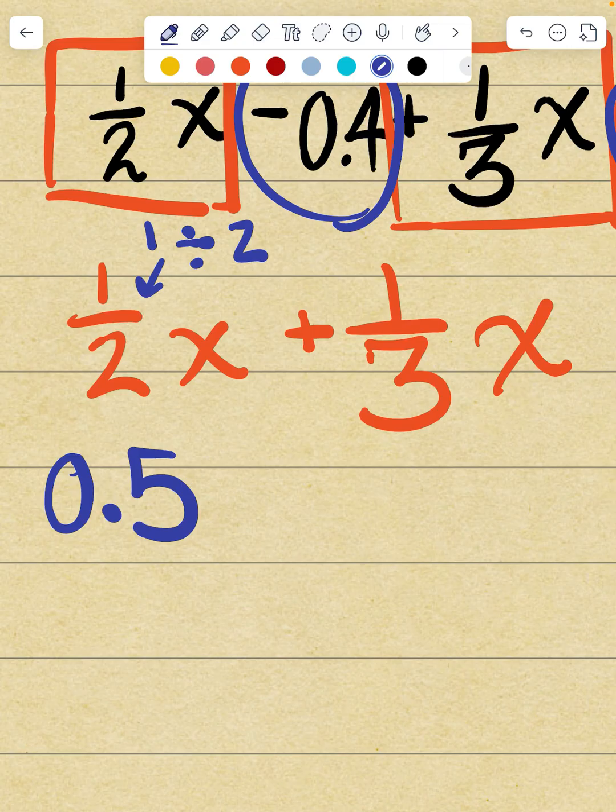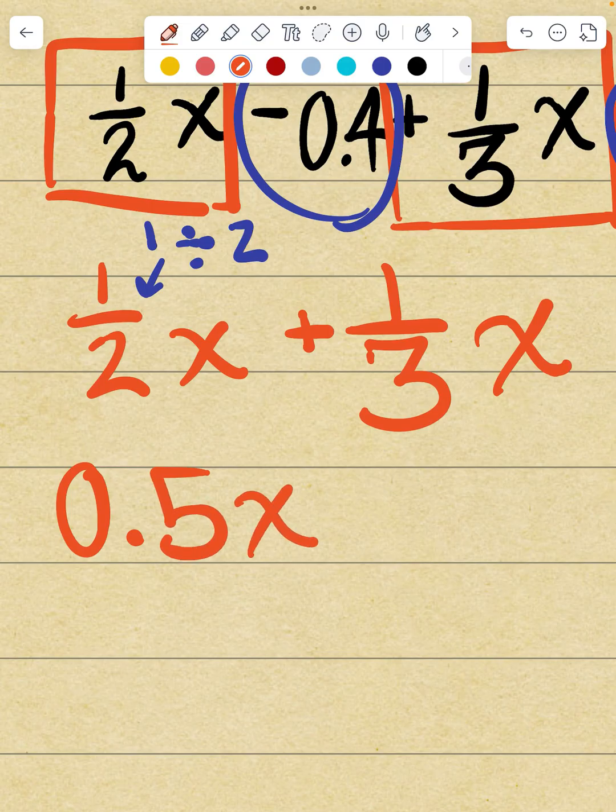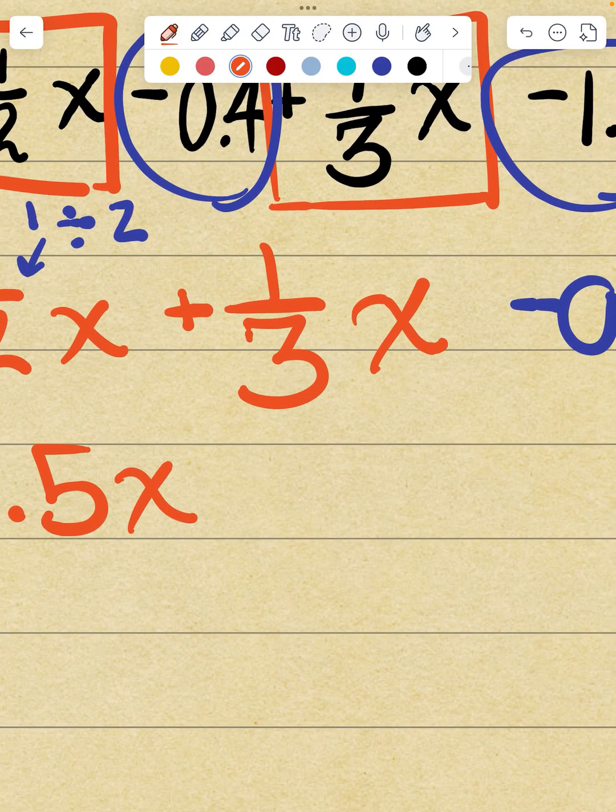You can use your calculator for this. So 0.5 x. And 1 divided by 3 is 0.33333, and it repeats forever, so I'm just going to simplify it to be 0.33.